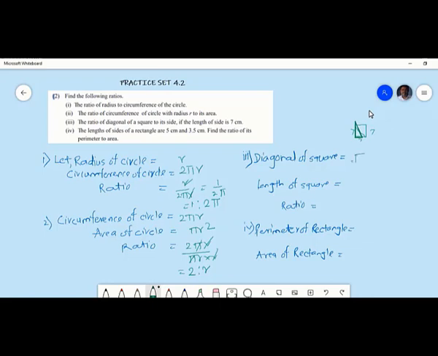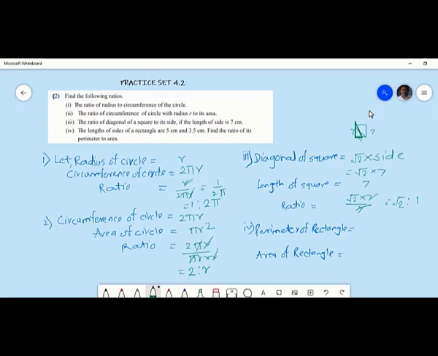Formula is root 2 into side. So root 2 into 7 and length of the square is 7. The ratio means divide, root 2 into 7 upon 7. 7 cancels, we get the answer root 2, denominator is 1, root 2 is to 1.